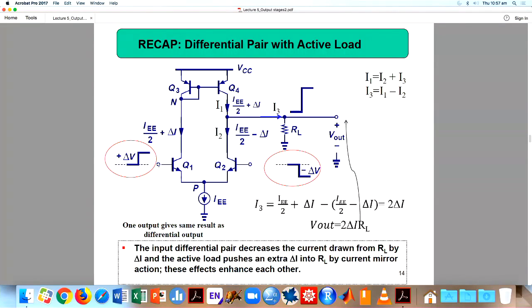So you can take this one as non-inverting, because when you connect a positive signal here, you get a positive signal at the output. When you connect a negative signal here, you get a positive signal at the other. So in the op-amp, you say this is non-inverting and this is inverting. So you have two inputs, and then this is the output. So you have already designed an operation amplifier by designing the differential amplifier.